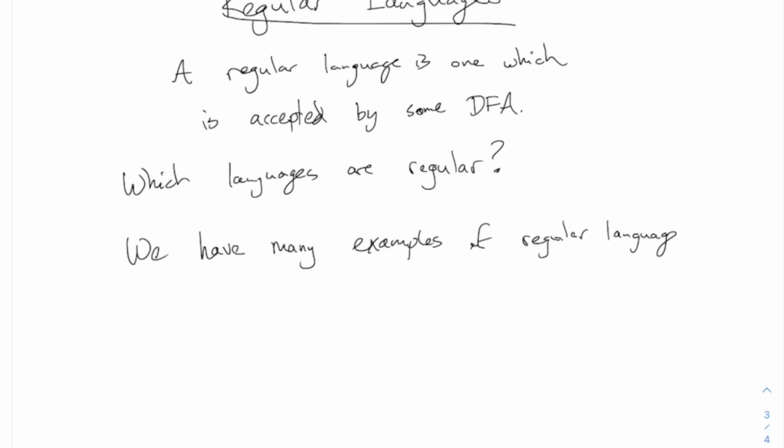Every time you ever write a DFA, it has a language, and that language is regular. What I want to talk about for the rest of today, plus at least all of next week, is: can we combine them and get more regular languages?